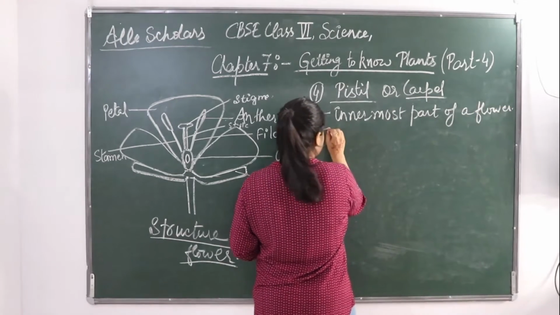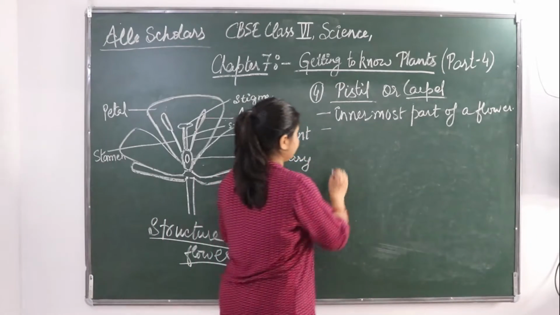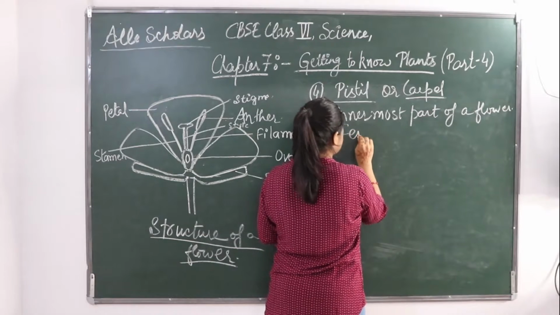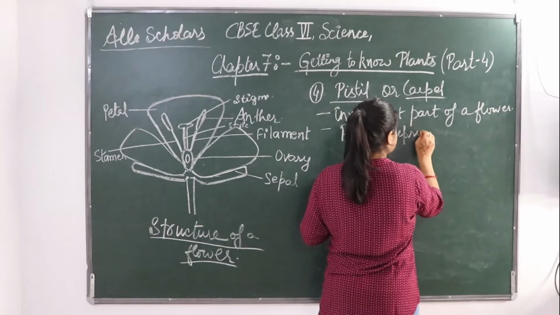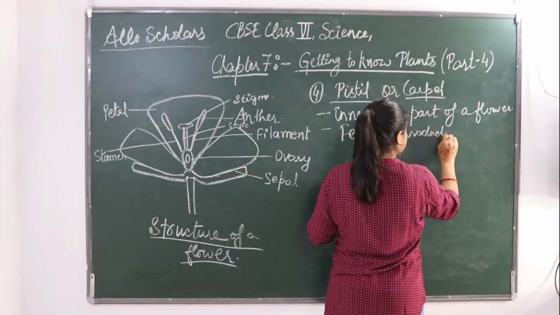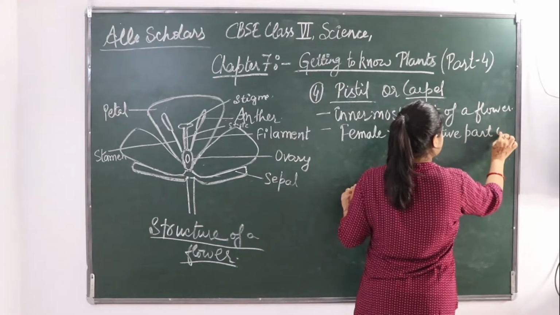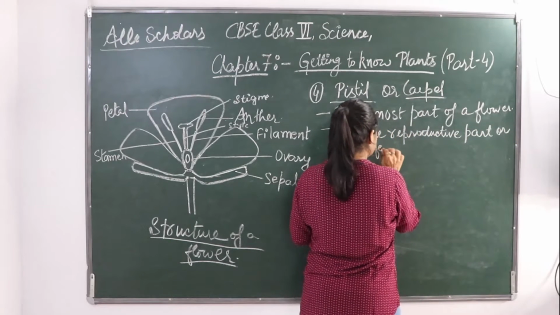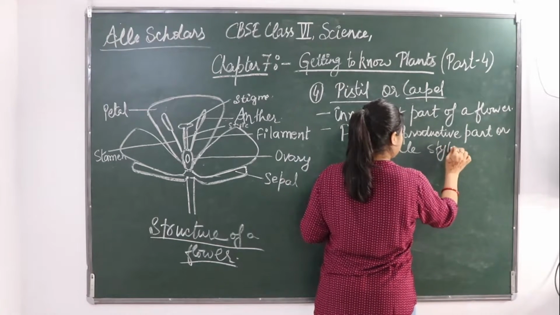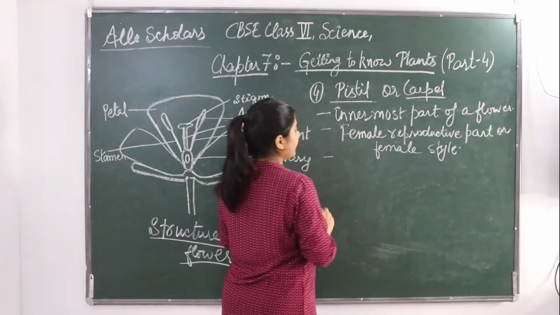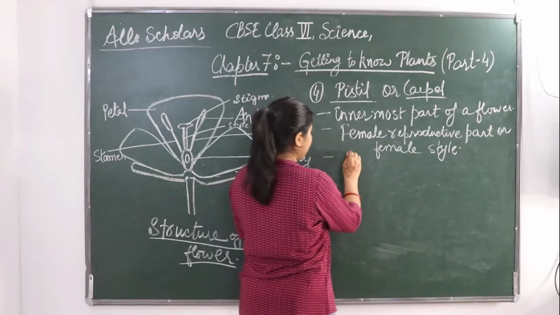The second thing is that it is the female reproductive part, or you can say a female stem. Next, it can be divided into three parts.